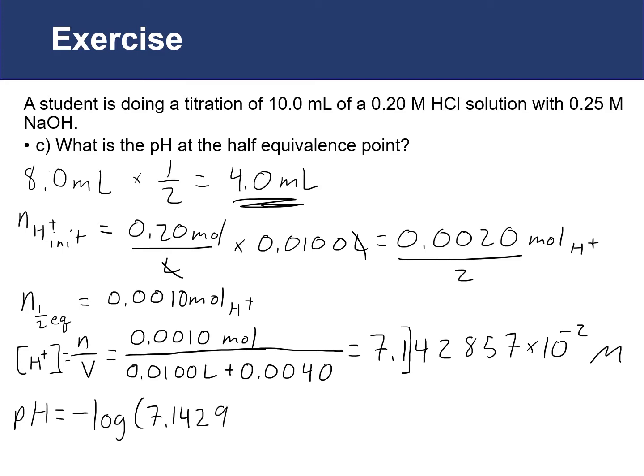We just need to keep a couple extra sig figs to prevent a rounding error. That would be 1.14613. We had 2 significant figures, which means we will have 2 decimal places when we do our pH. So our pH would be equal to 1.15.